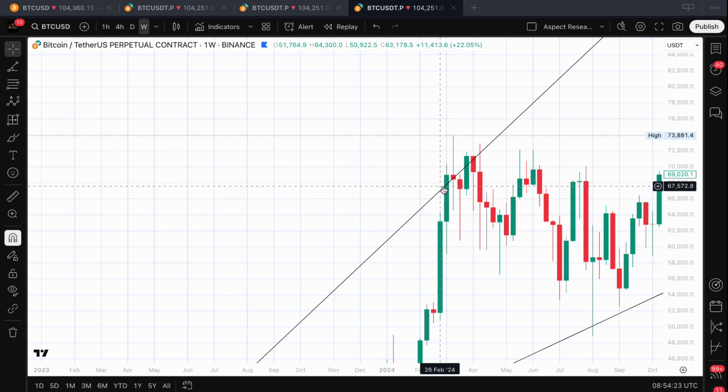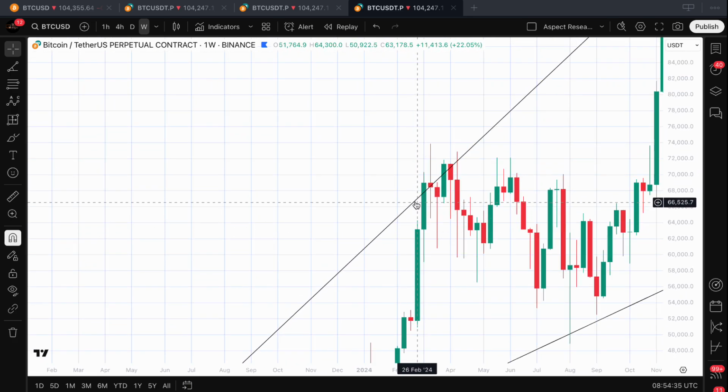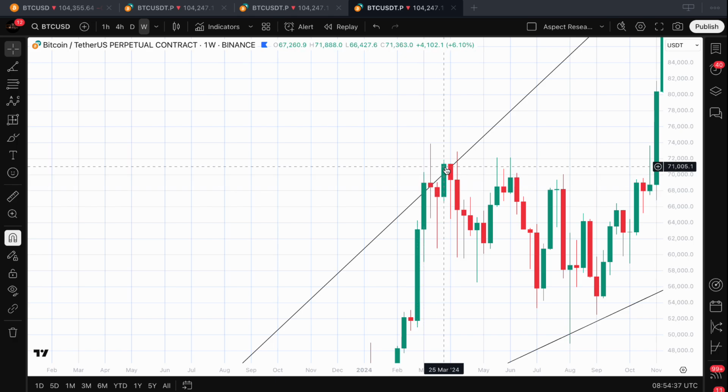It wasn't very easy to discern the top in April of 2024 because the price really tried to break away from the 45-degree angle, but ultimately it was unsuccessful, and by April of 2024 we already had a pretty clear idea that Bitcoin is not going to push above the 45-degree angle.